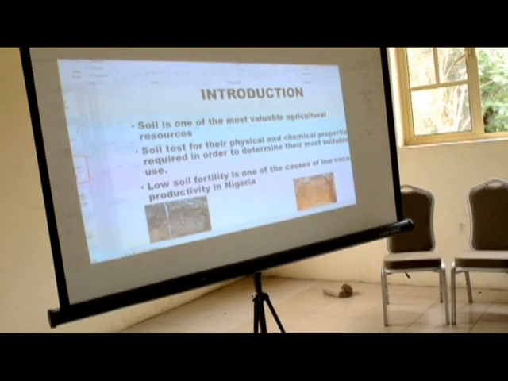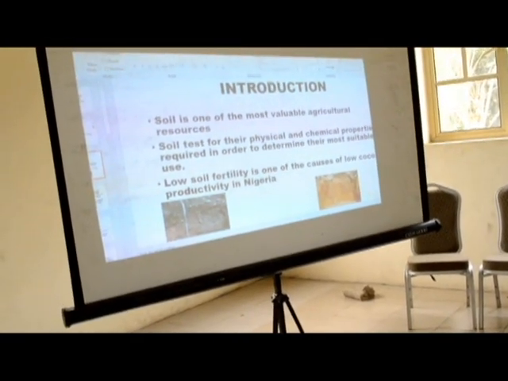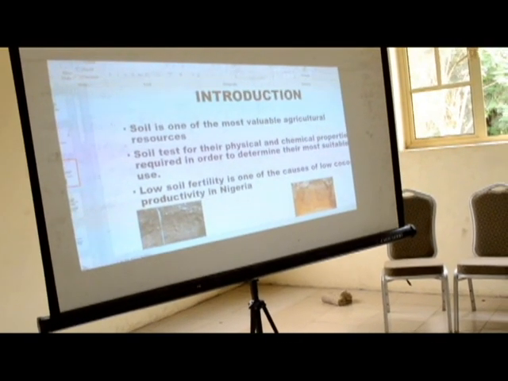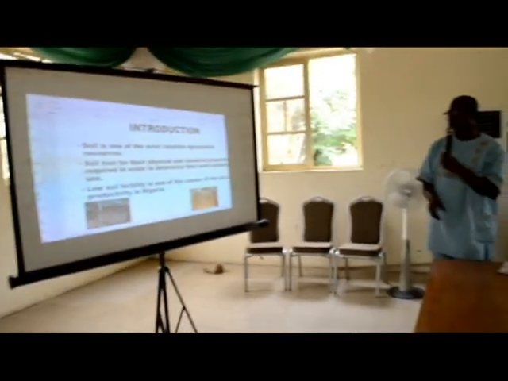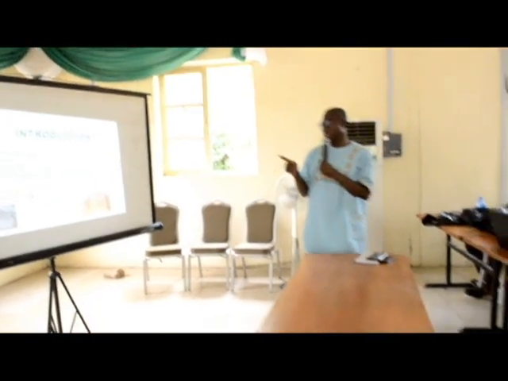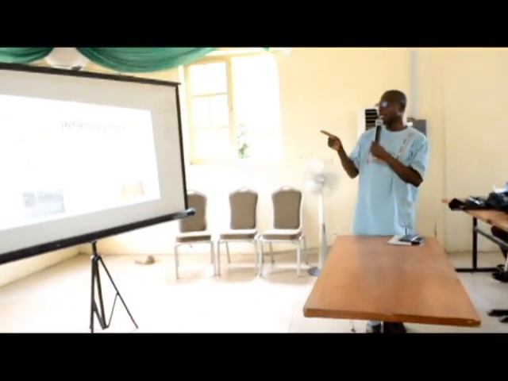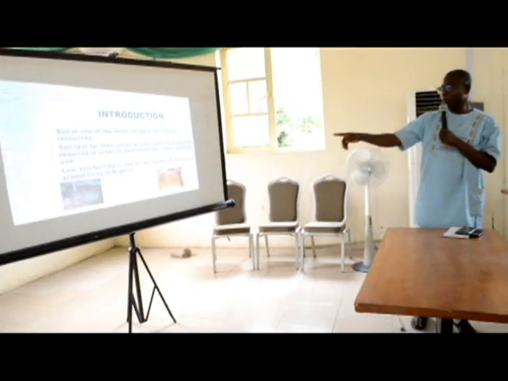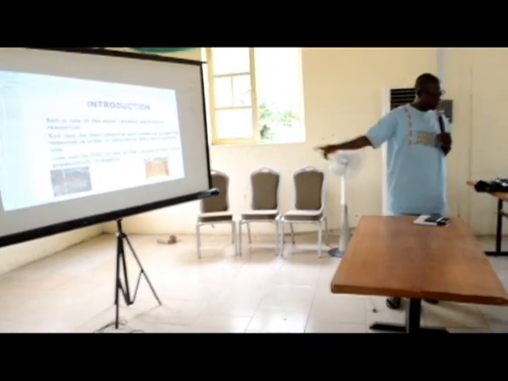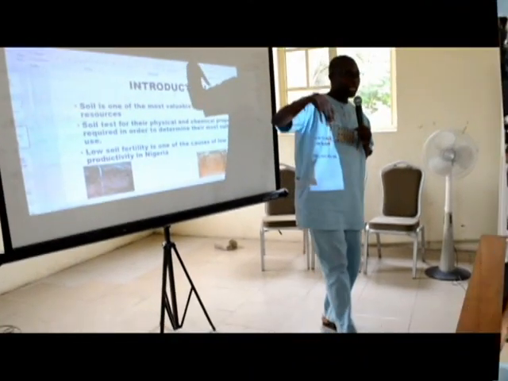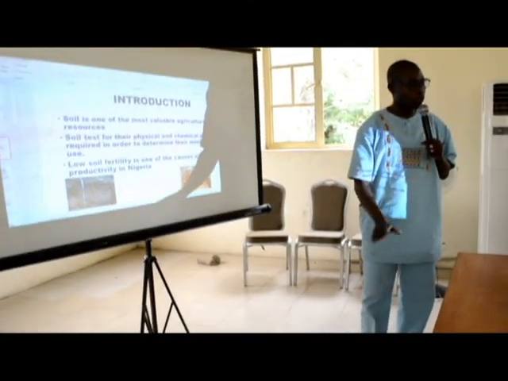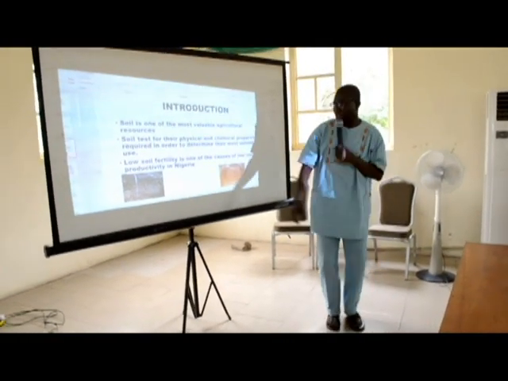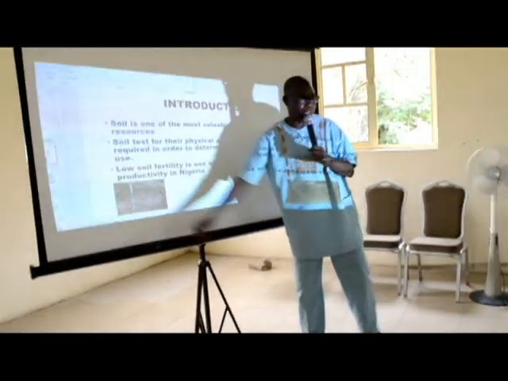Little attention was paid to soil. But soil is one of the most valuable resources that we need. And from this picture of the profile pits that we display here, the soil that we dug just about 1.5 meters, between 1.5 and 2 meters, under the forest.